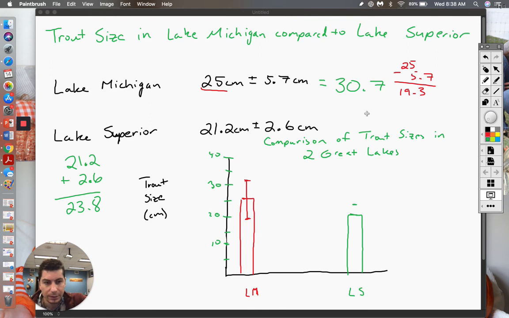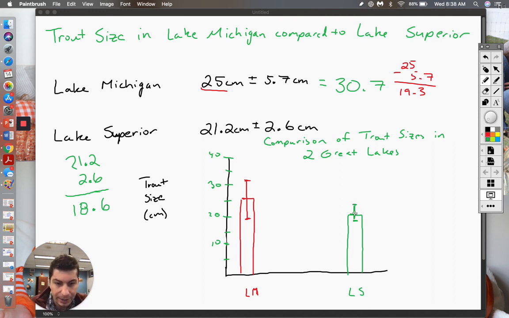If we do it the other way, where we subtract, about 18.6 there. So that number is going to be about right there. Okay. Connect your lines. So these are our mean graphs with our standard error on both sides.